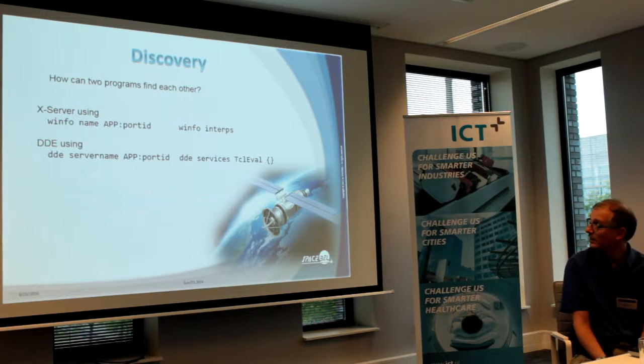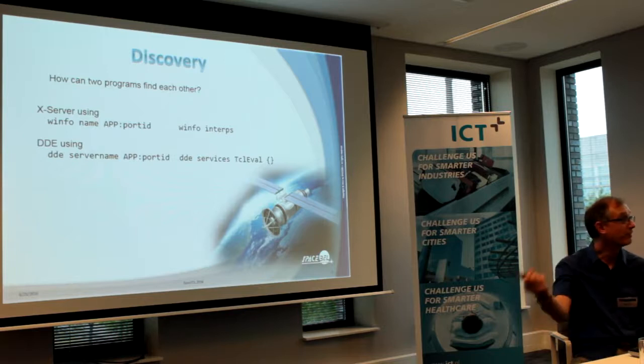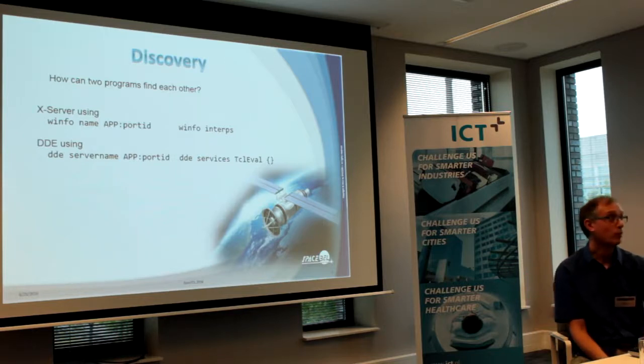So the idea I had was to use these names to give an application name and a port number for a socket server, and then using the DDE services, TCL eval or winfo interps, listing all the available TCL interpreters with the corresponding app name and their port ID.